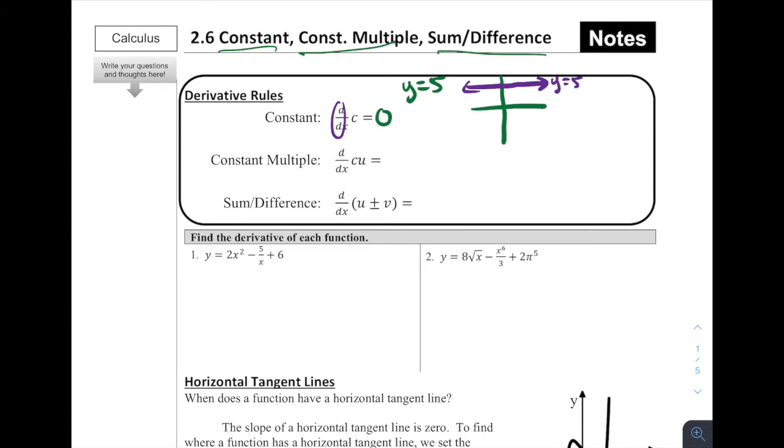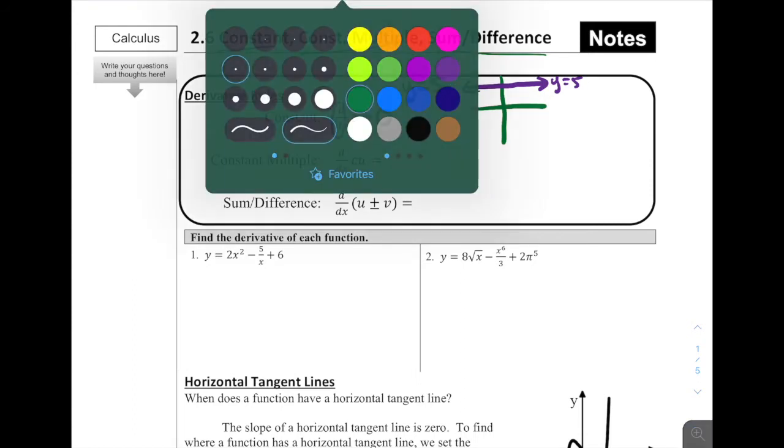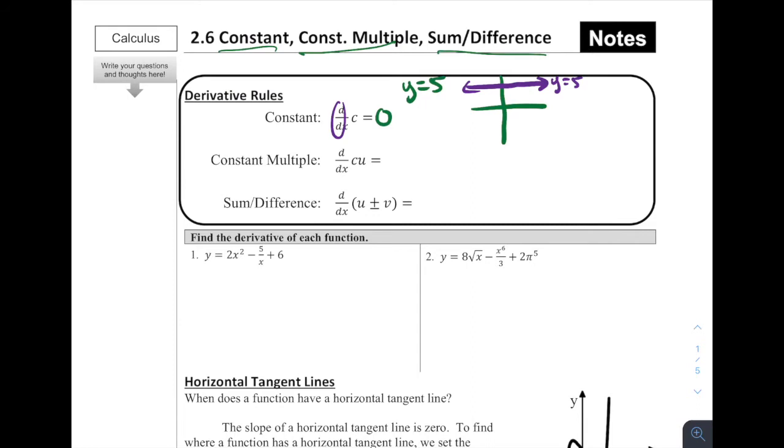Be careful, because on the AP exam, in multiple choice, and in quizzes and tests, they like to try to challenge you with this rule. This rule works even if a function is like y equals pi or y equals e, simply because both pi and e are numbers. We know pi is close to 3.14, and e is about 2.718.